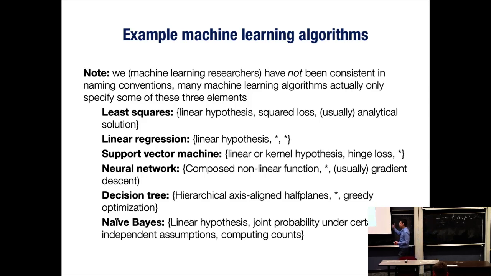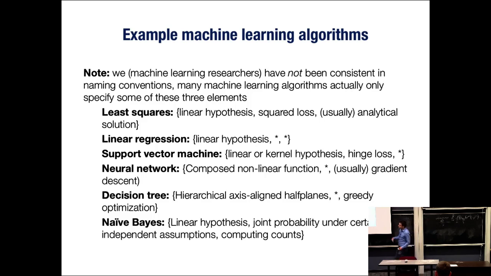If I talk about a support vector machine, I have to say if I'm using a kernel or a linear hypothesis class, and I have to say what algorithm I'm using to actually optimize it, or I'm not fully describing the algorithm, right? And if you just run scikit-learn, it's picking some in the background, and you should know what it's picking to know what algorithm you're actually running on the data.